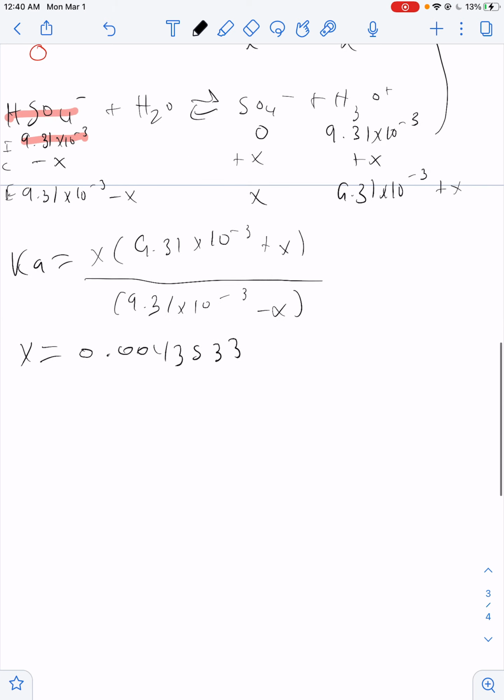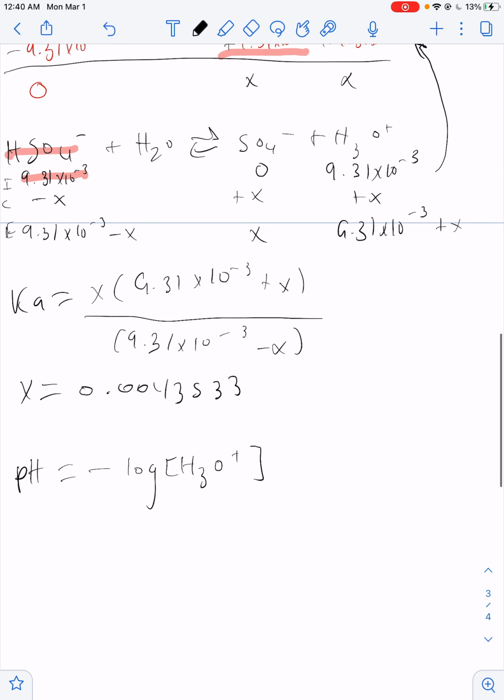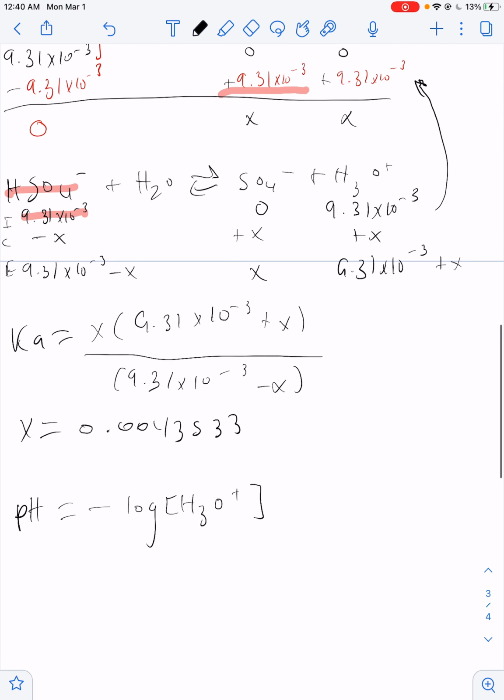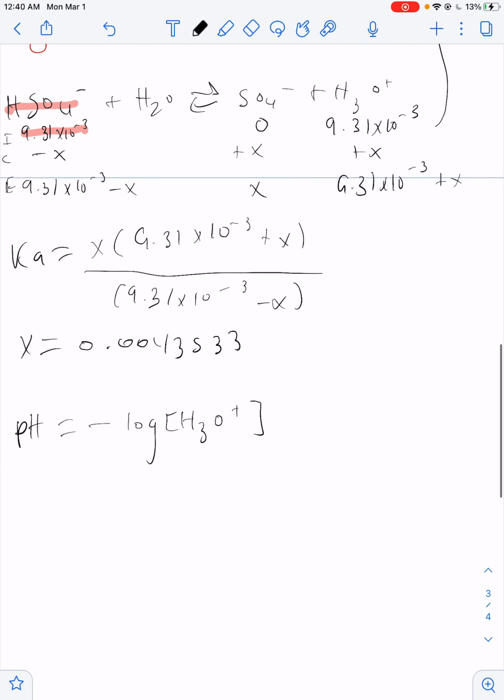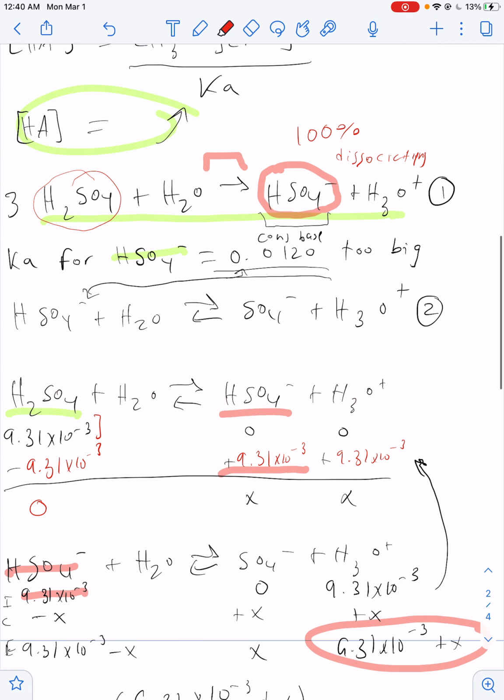we need to find the pH of this solution, and pH is negative log of H3O plus. To find the concentration of H3O plus, you have to add this H3O plus and x.